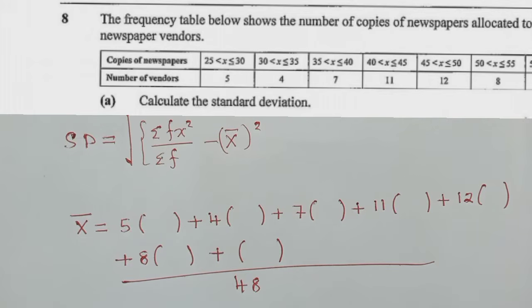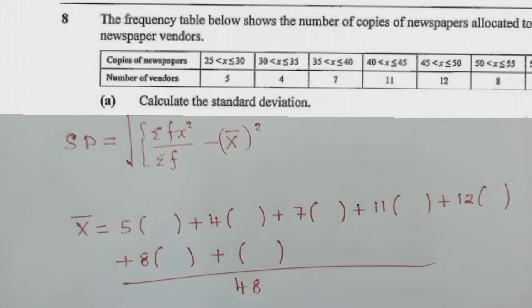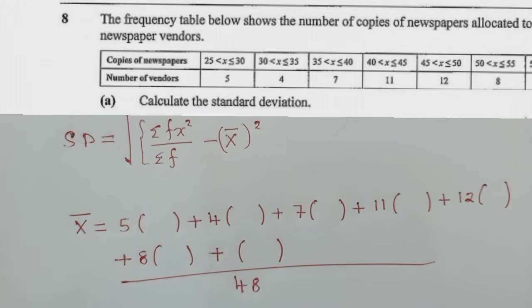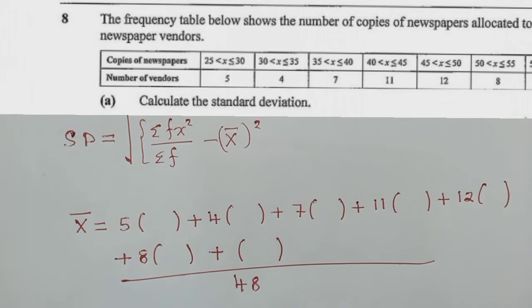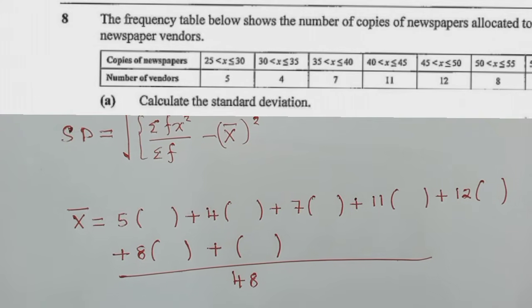Now what is it that we're supposed to put in the brackets? What do you think we must put? Without wasting much of our time, check where 5 is.